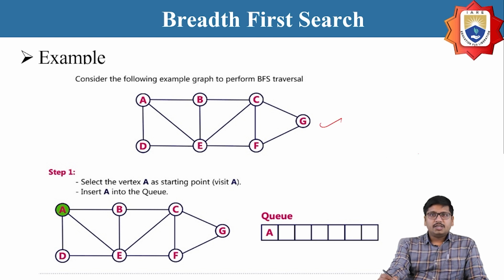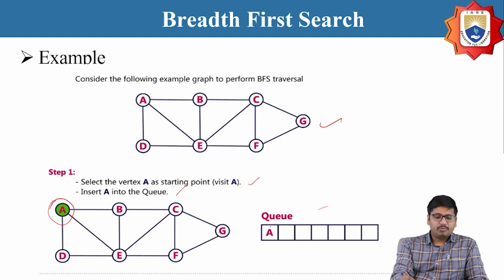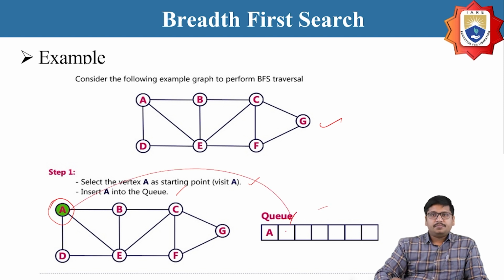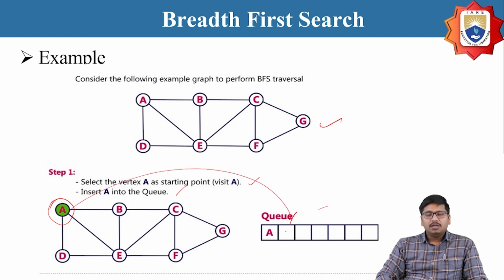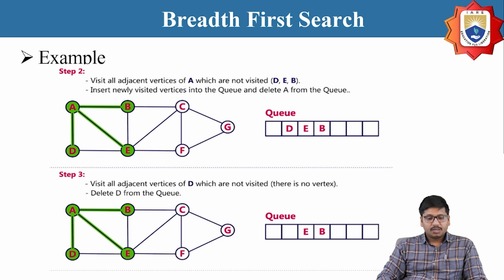This is the initial graph. For this, I have to select a vertex as the starting point. I'm going to choose vertex A as the starting point and insert it into the queue. This is the initial step for implementing breadth first search.